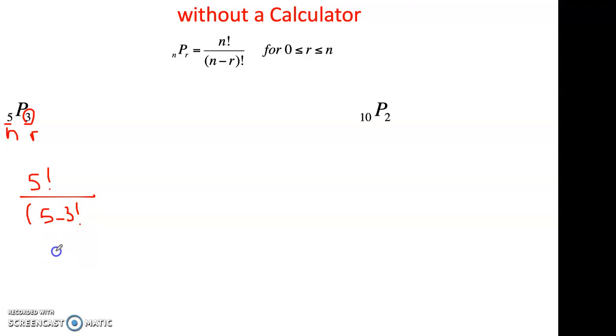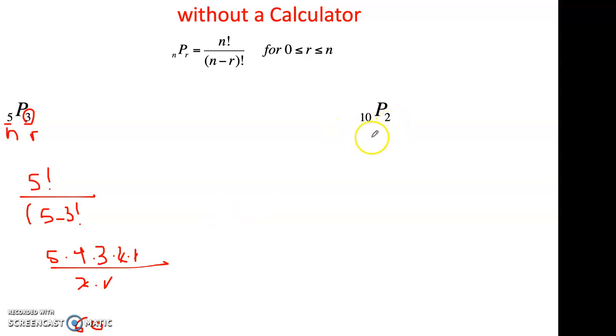Okay, so without a calculator, we could write this as 5 times 4 times 3 times 2 times 1, over 2 factorial, so 2 times 1. Well, we can cancel out the 2 and the 1. So my product is going to be 5 times 4 times 3, which is 60.